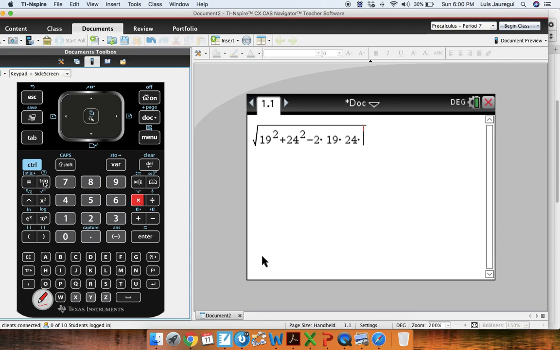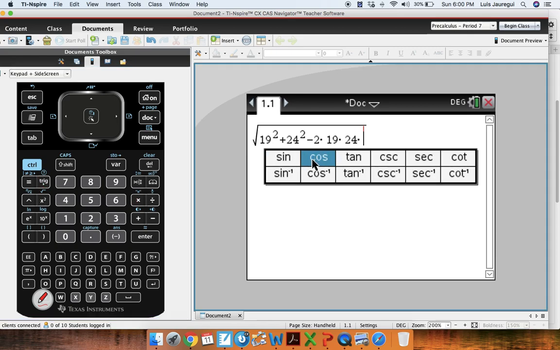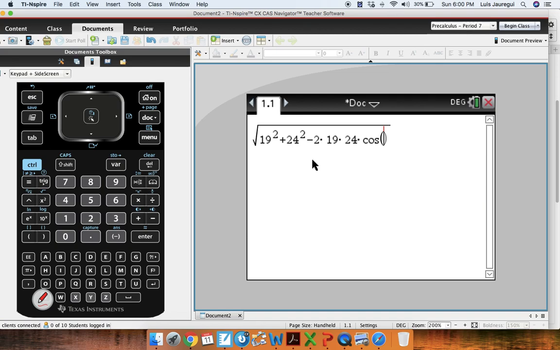Let me go here under trig, cosine of 131 degrees. Close the parentheses. Now before I do anything, I need to make sure that I'm in the right window with the right format. In this case, I want my format to be in degree mode.